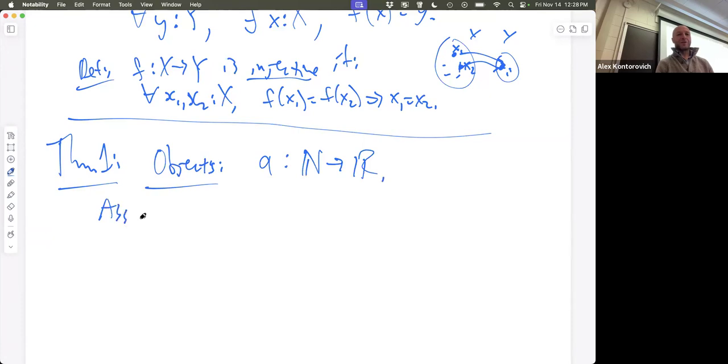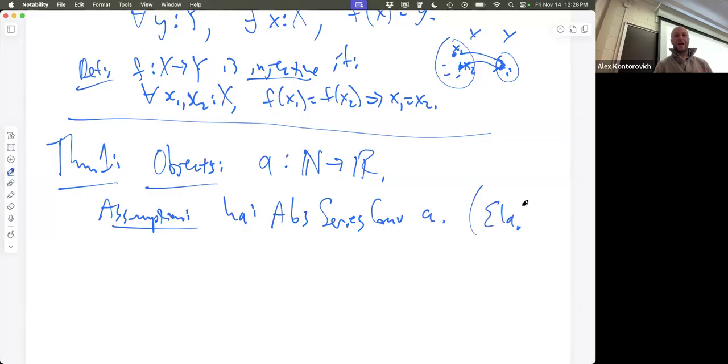We have assumptions. What was this called? Abs conv. So let's call this HA. Abs series conv. Anybody remember? Abs series conv A. In other words, the summation of |a_n| converges.